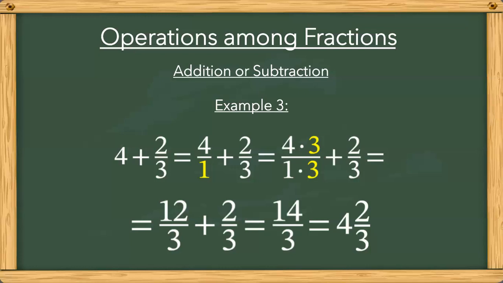And how much do we need to reach 14? Okay, 14 minus 12 is 2. So we get as a final result 4 and 2 above 3. And this is the answer to this addition. This is the way we solve this small problem.